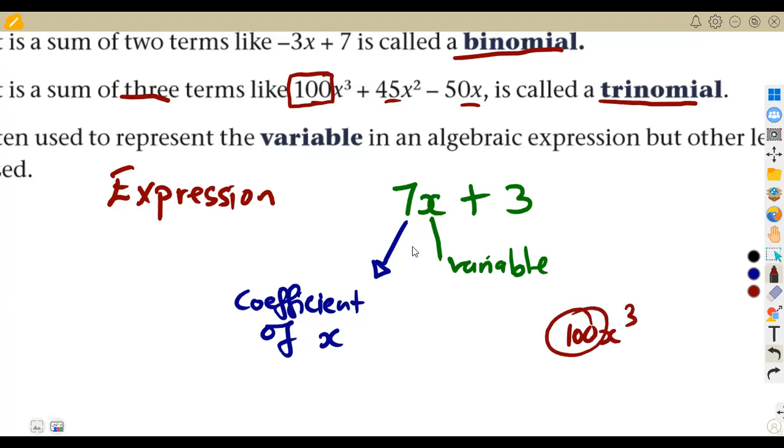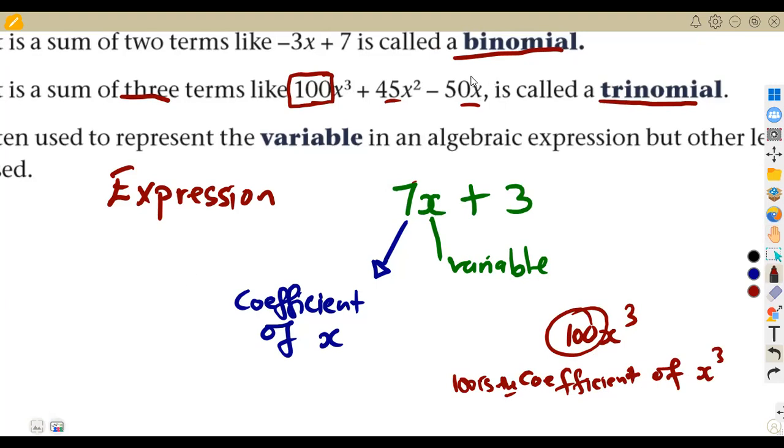Remember, the number that is multiplying x, the letter that you're given. So in this case, we are saying it is the coefficient. All right. So 100 is the coefficient in this case of what? Of x cubed. So this is the coefficient of x cubed, not of x.